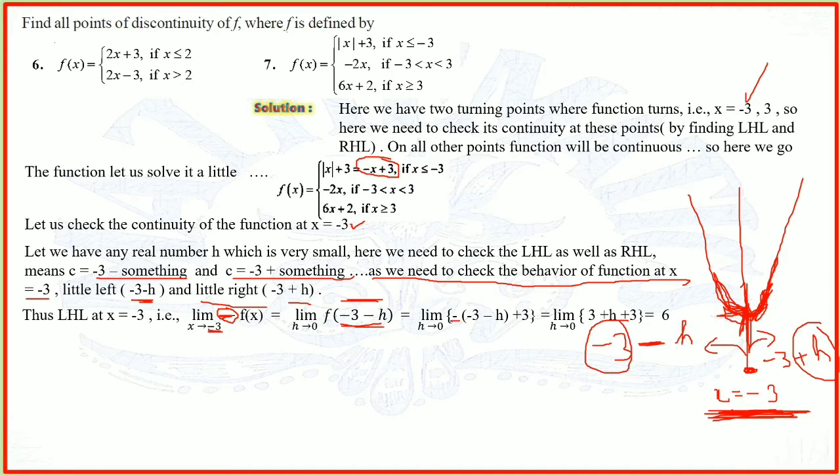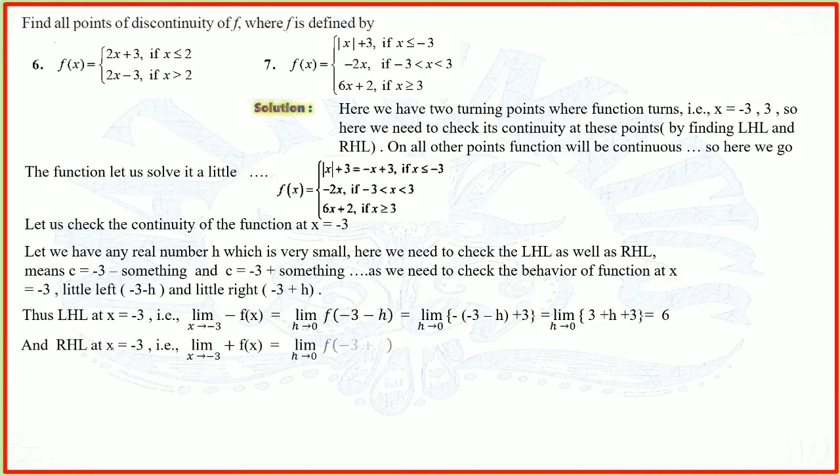So look here, this minus is as it is, given in the question, and then x means minus 3 minus h, and then plus 3. Multiplying inside, minus of minus 3 plus h, and then plus 3, so 3 plus 3 is 6. Then taking the limit as h tends to 0, h becomes 0 and 3 plus 3 is equal to 6.